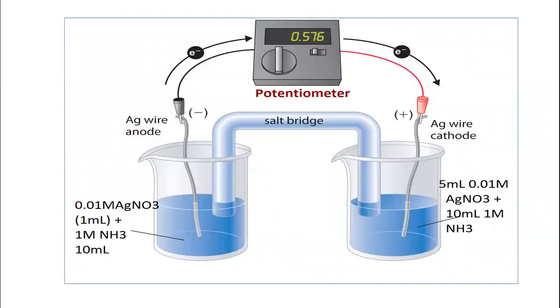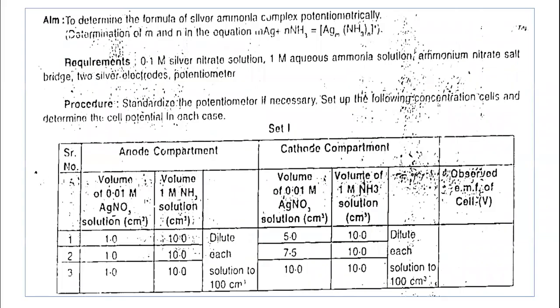This is the experimental setup for set first. The anode compartment means the left-hand side compartment, and the cathode compartment means the right-hand side compartment.